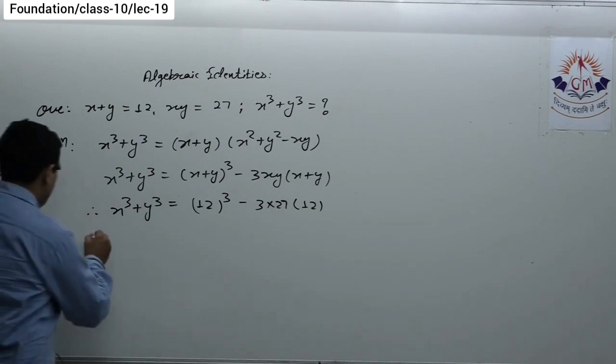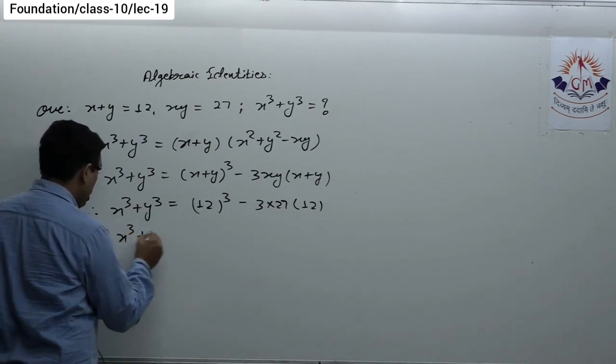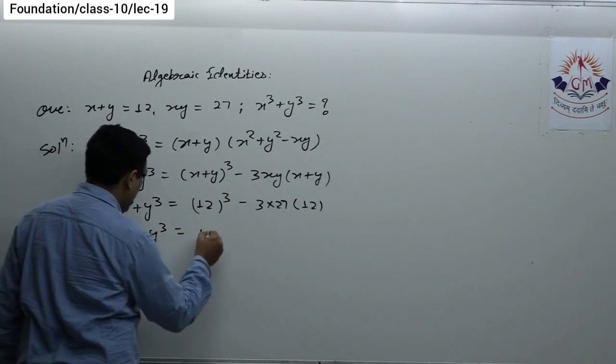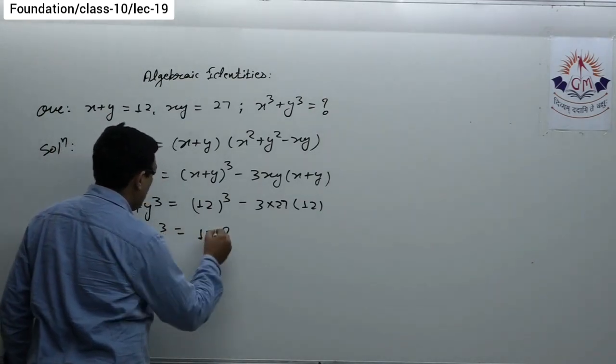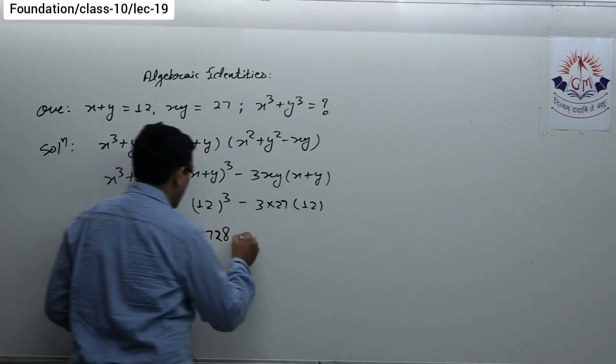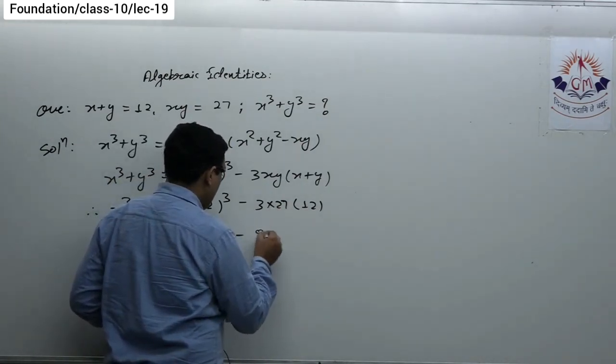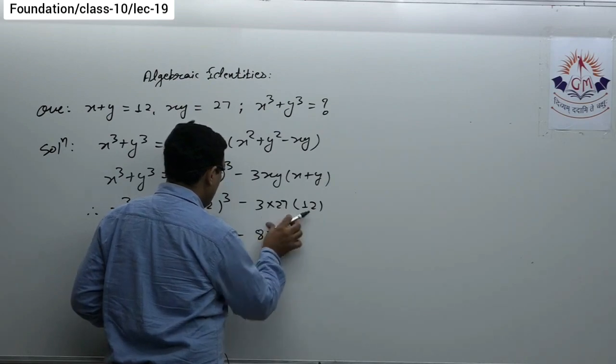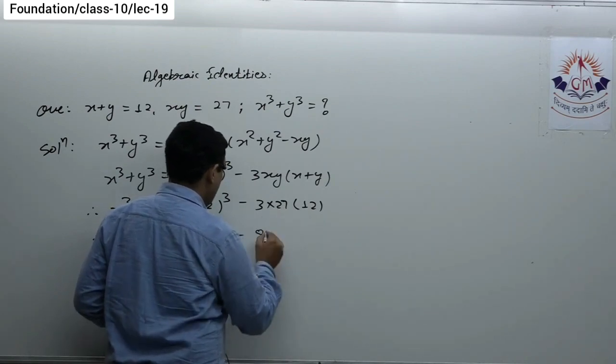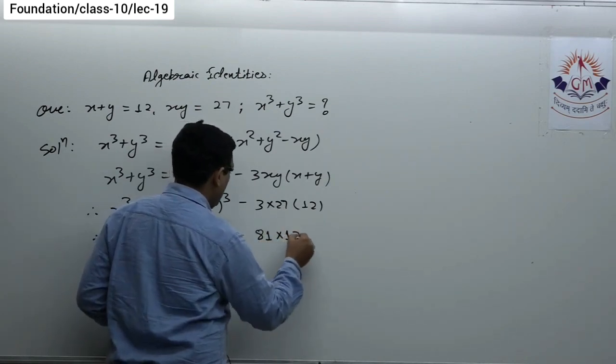Okay, so this gives you x cube plus y cube is equal to 1728. 12 cube is 1728 minus, now over there we can multiply 27 into 3, that is 81, multiplied by 12.